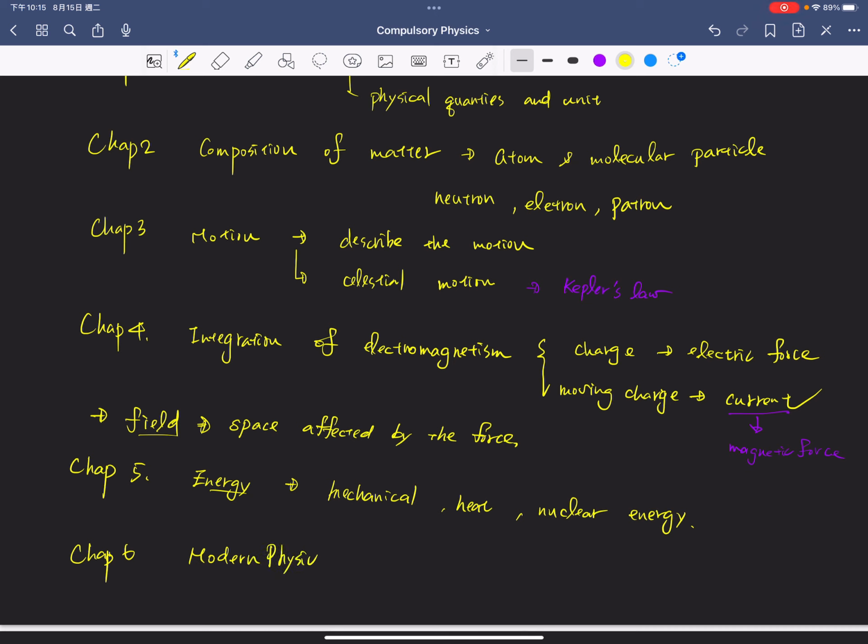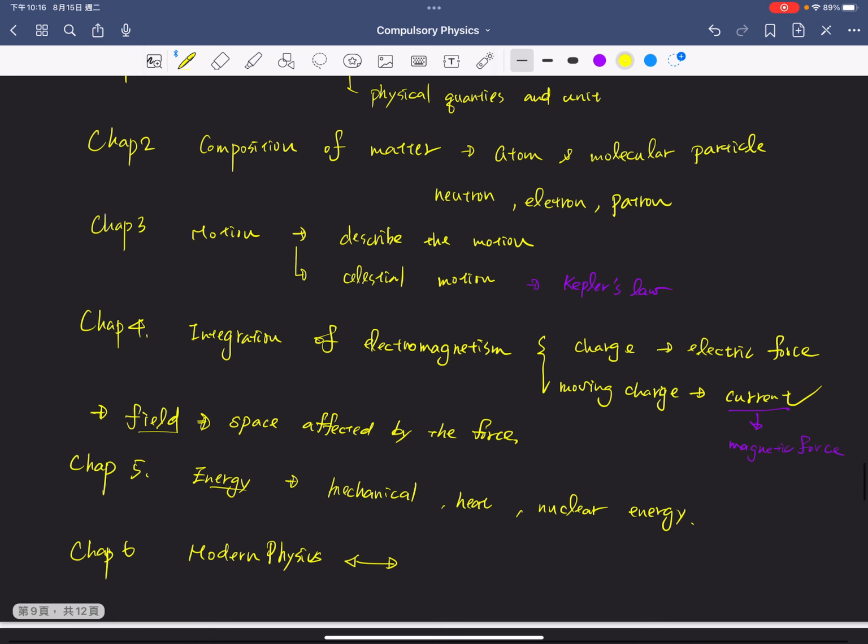Modern physics, actually, we can classify into two parts: modern physics and classical physics. Classical physics is simpler for lots of people who didn't know it. However, in modern physics we focus on the microscopic scale, which is very different.